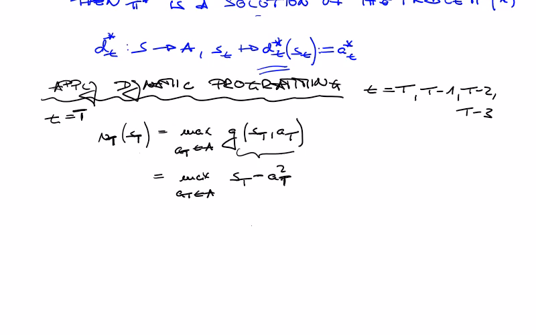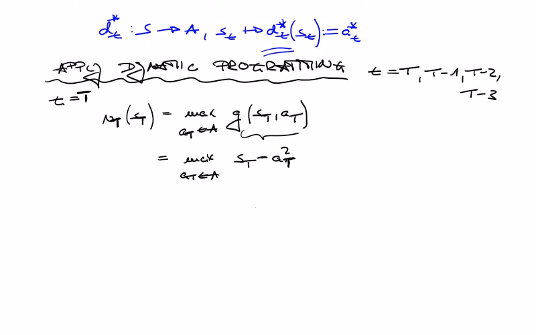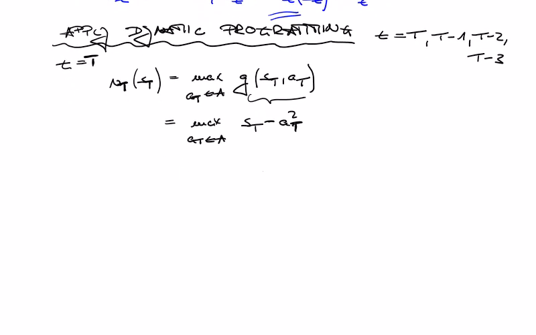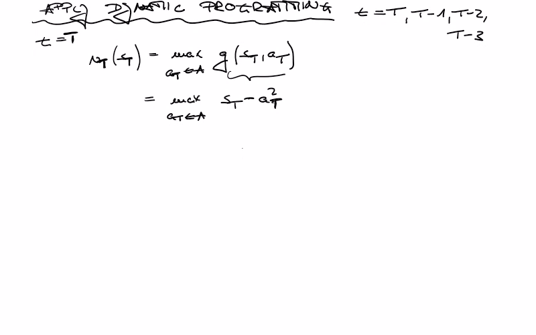So to make this really simple, some of you might have an idea. Does anyone have an idea how to find the maximum of this function with respect to a_t? We just discussed it, but maybe say it. For every action, compute it for every action. No, you need to find the maximum of this function.